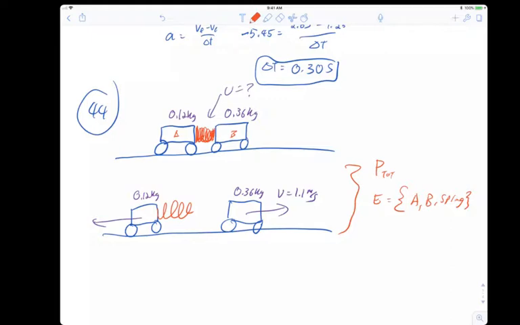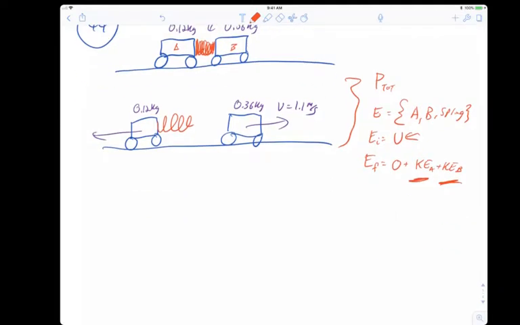Initially, the energy is all potential energy. None of it is kinetic energy. In the final state, the potential energy is 0 and it's all kinetic energy. So if we could figure out how much kinetic energy the two carts had, that would tell us how much potential energy was stored in the spring initially.